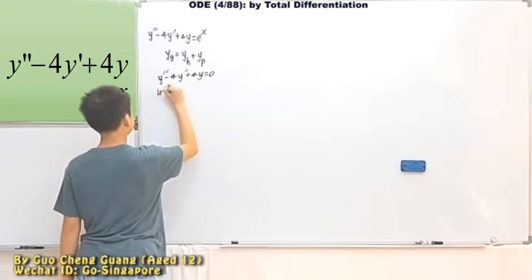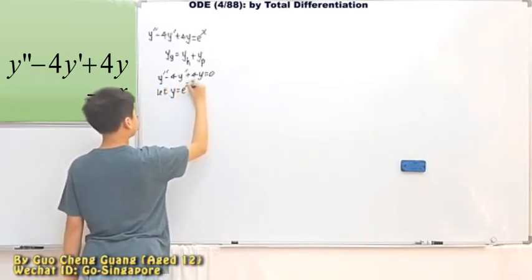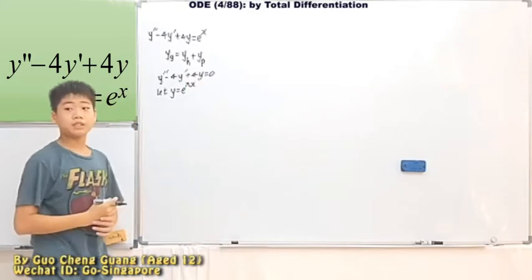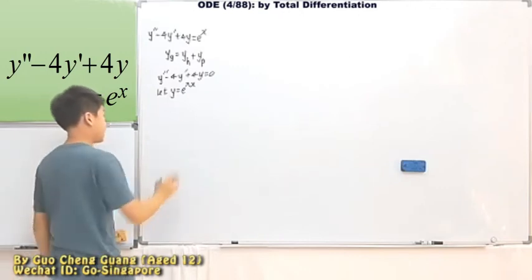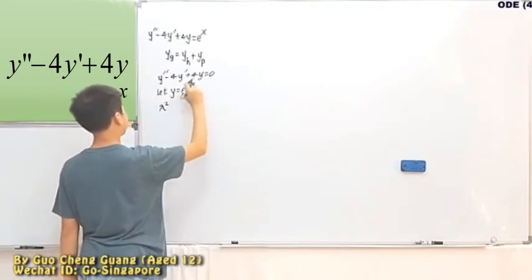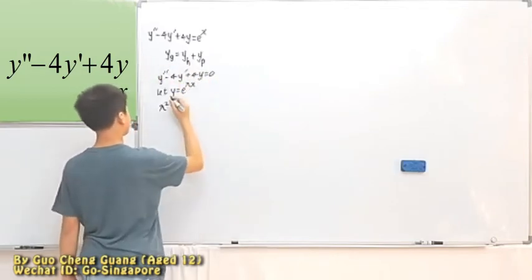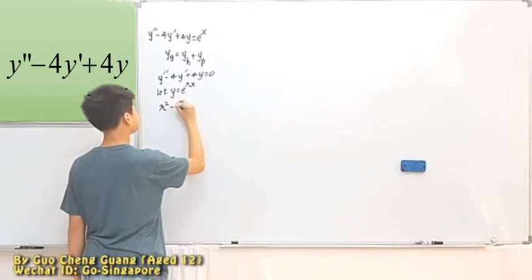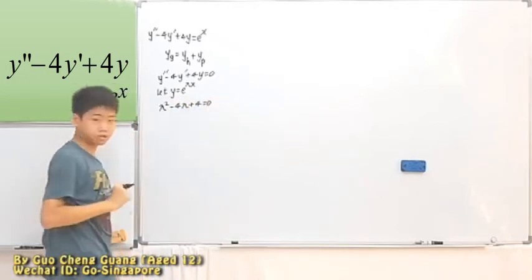Then we can let y be e to the power of lambda x. Okay, can be like this. Then substitute this inside, so e to the power of lambda x will simplify from this whole equation. This is what you get.